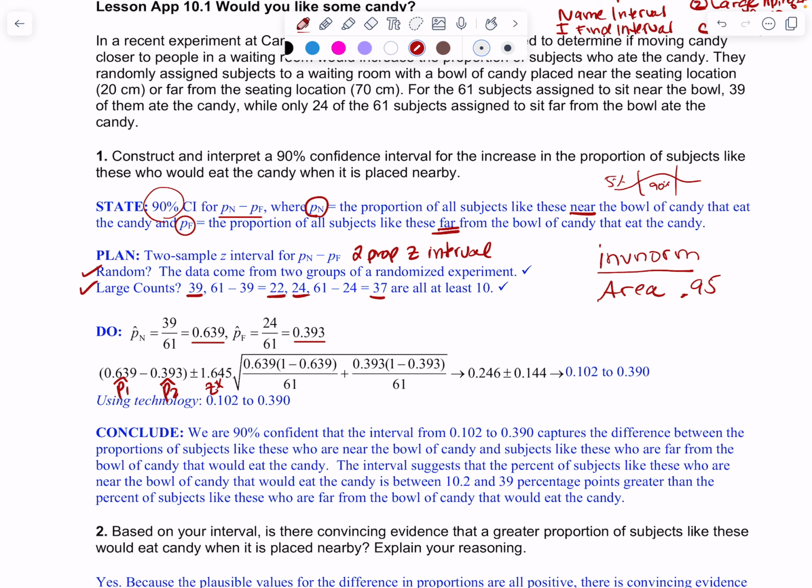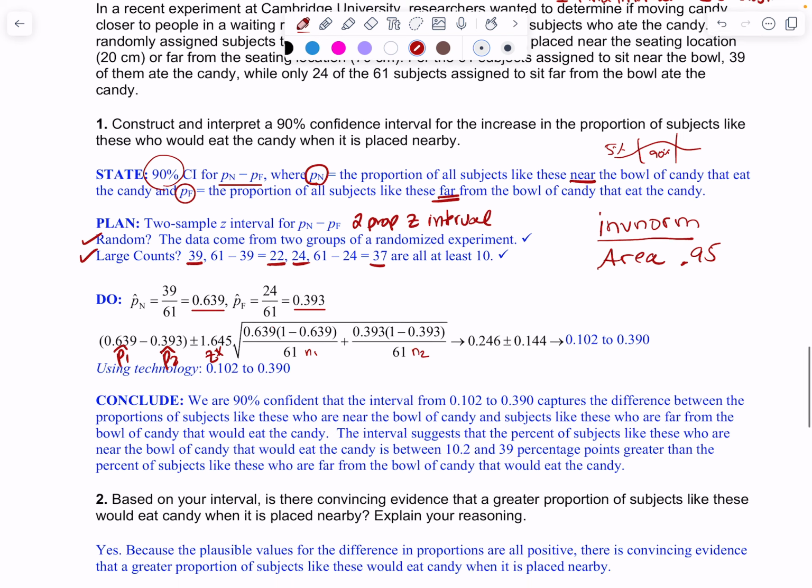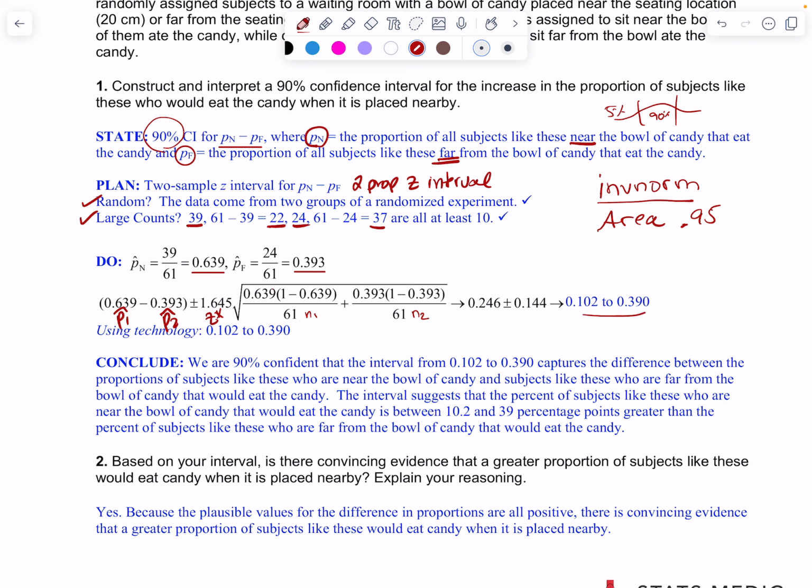And the mean and standard deviation are 0 and 1. And then, of course, that's my p1 hat. And that's my n1. And that's my p2 hat. And that's my n2. They happen to have the same number in the data. n1 and n2 happen to be the same in this particular one. Okay, so then we find my answer.